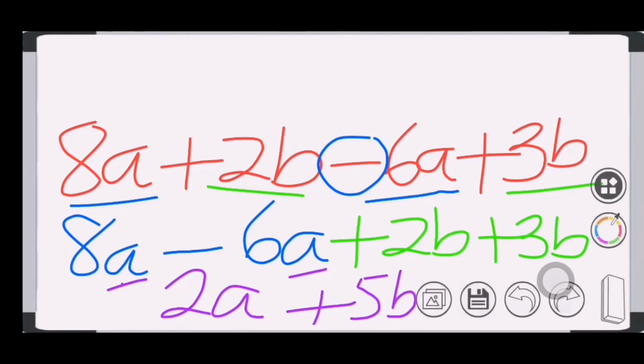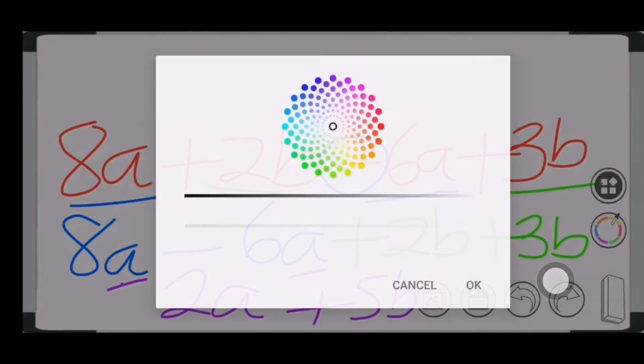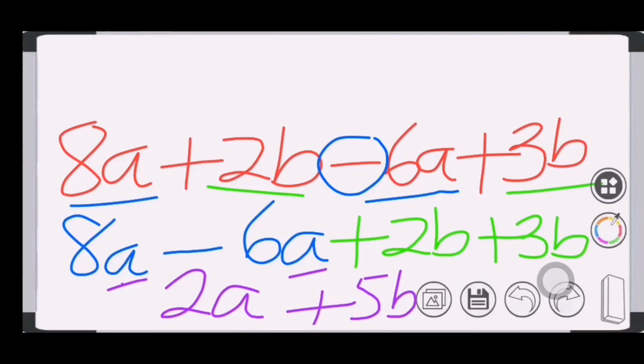Can we still simplify this? 2a and 5b. The variables are not equal. Therefore, they are unlike terms. And we know we cannot add up unlike terms. Therefore, our answer remains 2a plus 5b. Get it? Got it? Great.